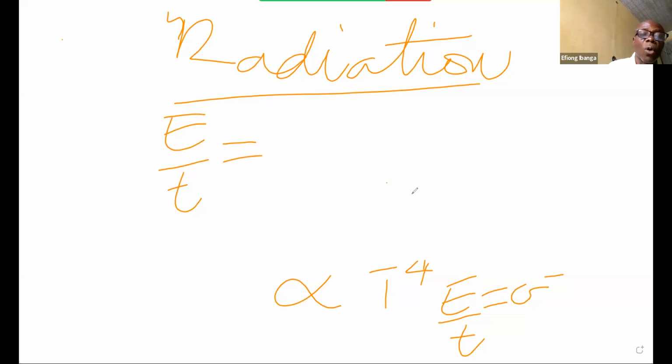That means we are talking about power, which is going to be equal to a constant times the fourth power of the absolute temperature.